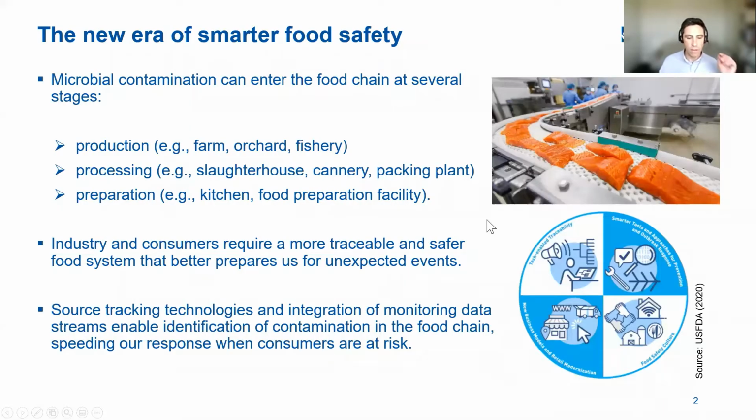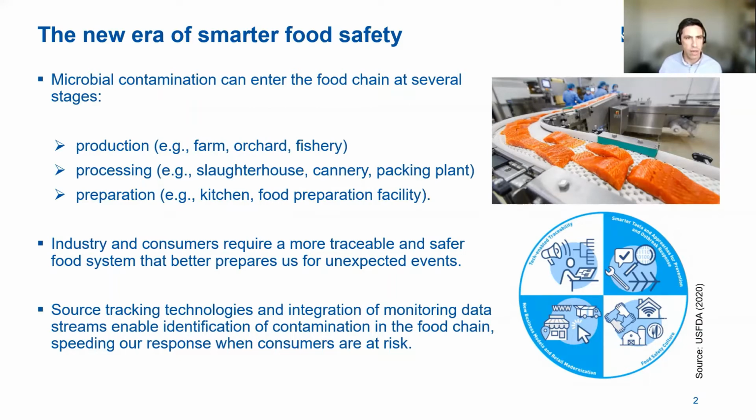A reminder of the ways in which microbial pathogens can enter the food chain. So this could be the production environment, this could be a farm or a fishery, and this is the focus of today's presentation. It can be the processing environment or the preparation environment, and this could be a food preparation service or facility.